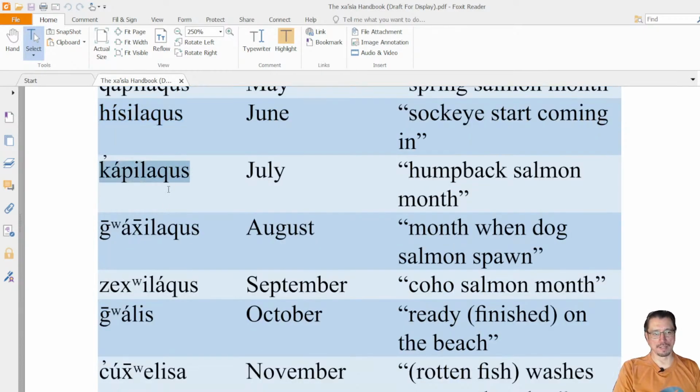Next is kápila. This is July, and it means humpback salmon month. So kápi is humpback salmon or pink salmon in á'isla. Kápila is the time of humpback salmon.